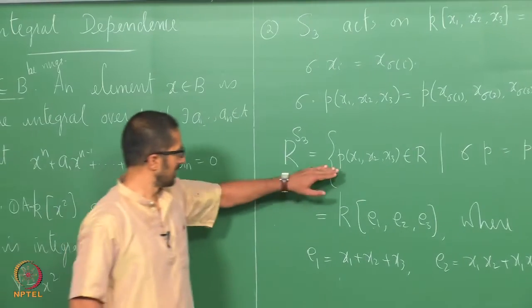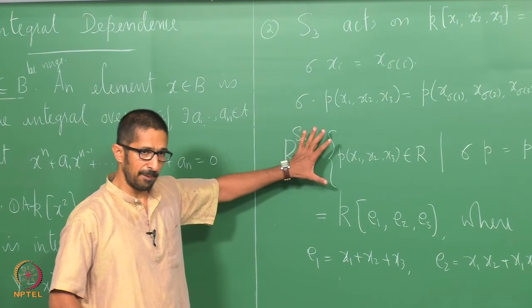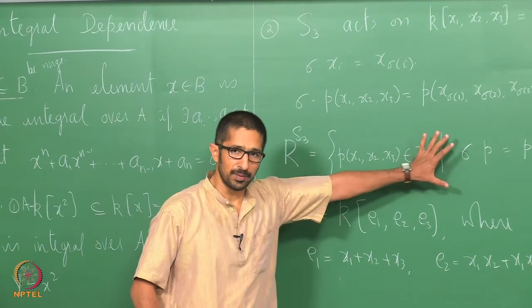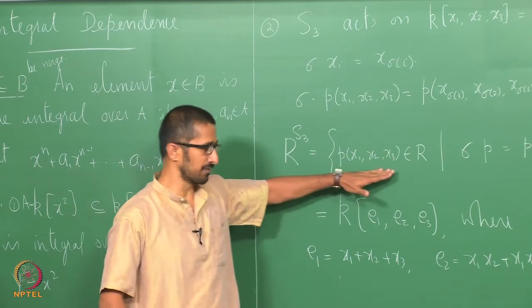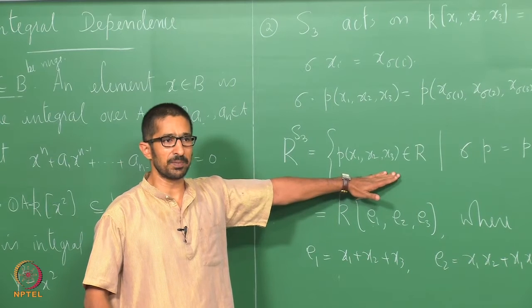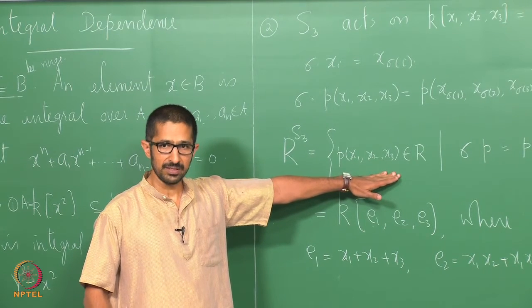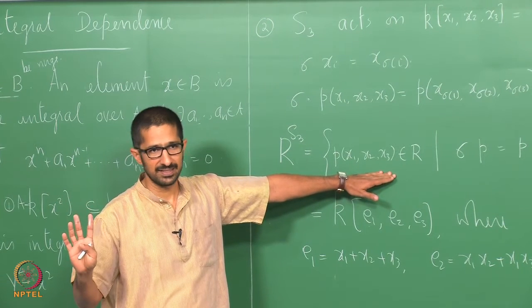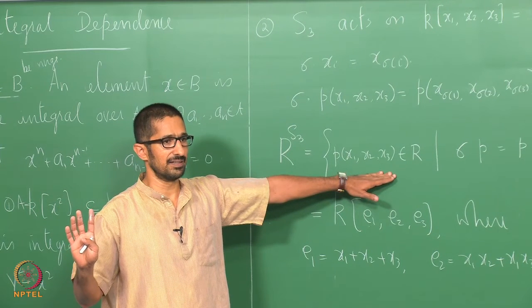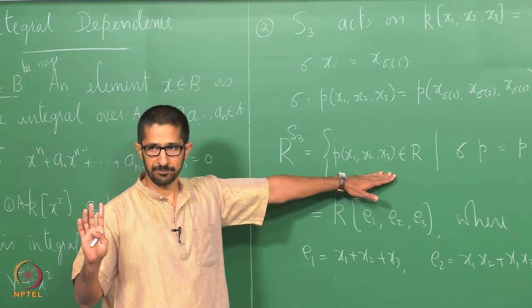Okay. What is this R^S3? They are all symmetric polynomials. The elements of this are called symmetric polynomials. However you change xi to xj, they are unchanged.